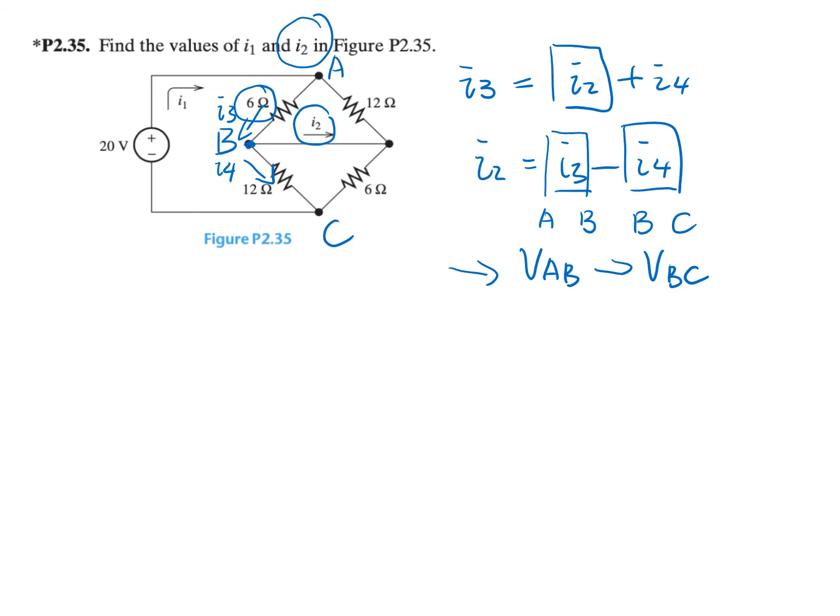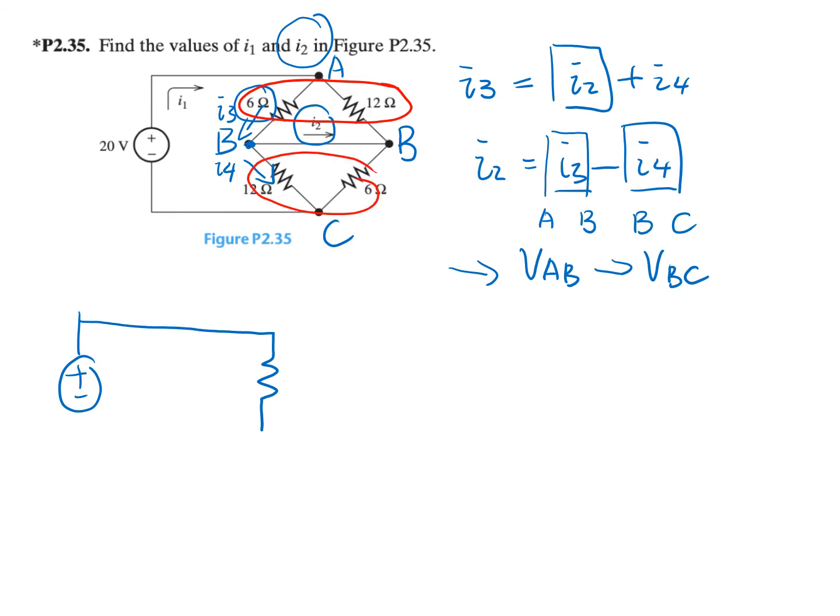VAB is also the voltage drop for the 12 ohm resistor. And similarly, VBC is also the voltage drop for the 6 ohm resistor. So let's simplify the circuit by combining these two resistors and these two.